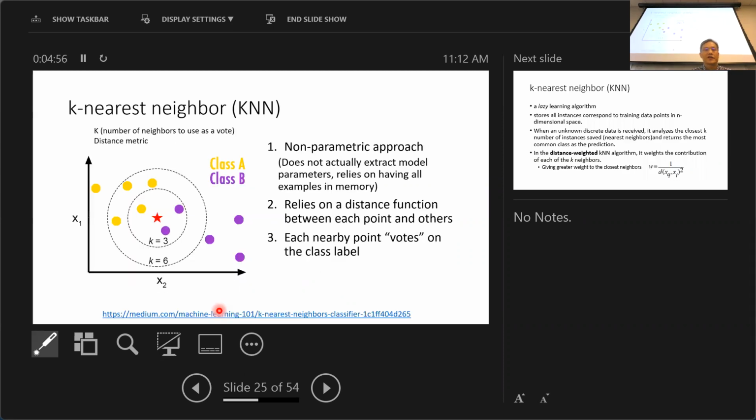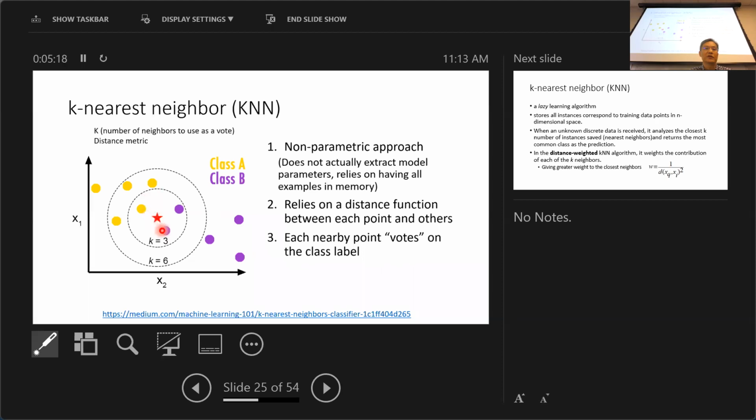So in this case, you don't consider the real distance. You just consider how many neighbors are in this radius, in this circle. You can also consider the real distance. If the distance from this data point to here is far away, you want to weight it down a little bit.